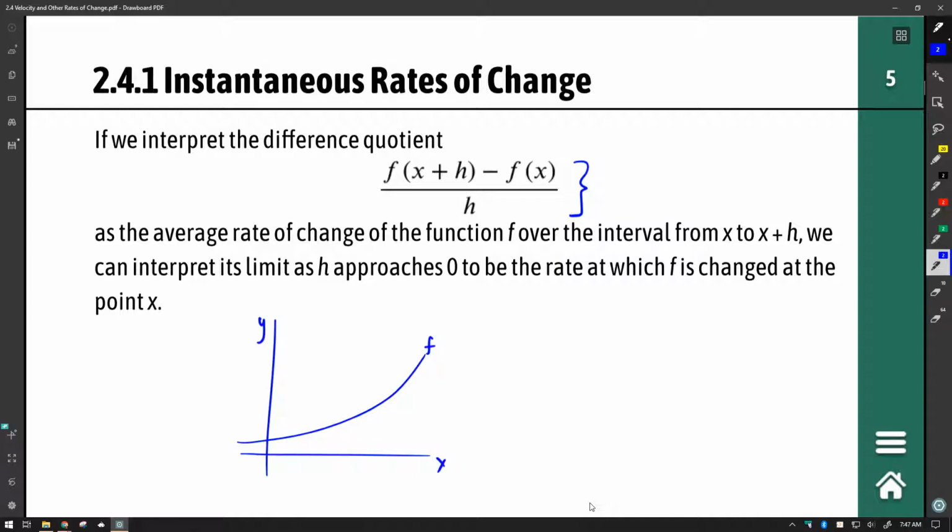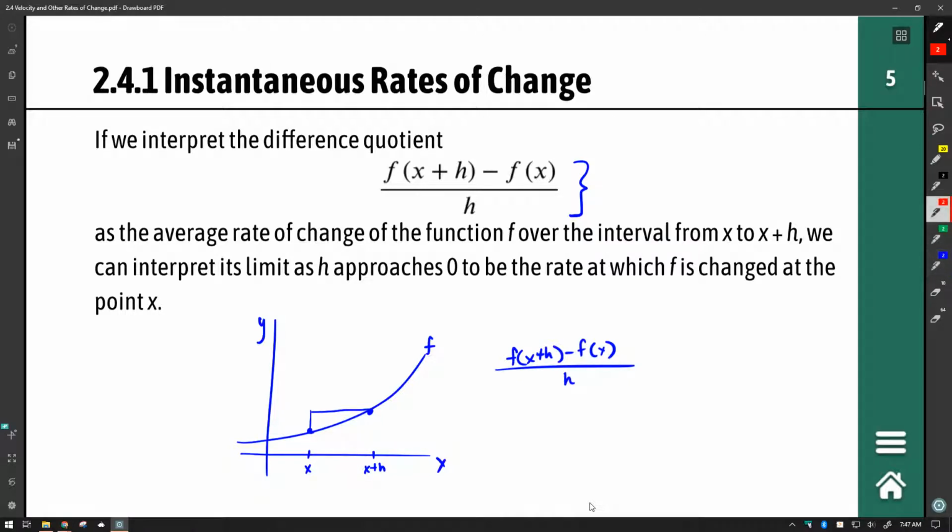And if we take a look at the interval from x to x plus h, and we take a look at that slope, which is the rise over the run, or in other words, it is f of x plus h minus f of x all over x plus h minus x, which leaves us with h.